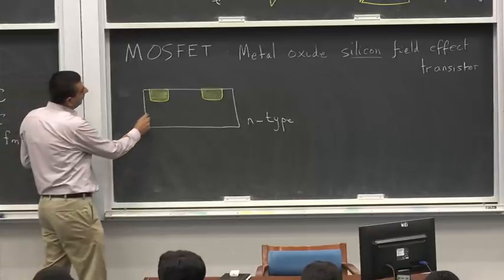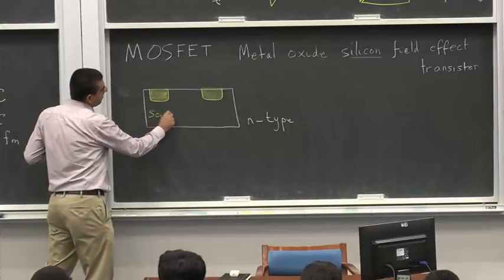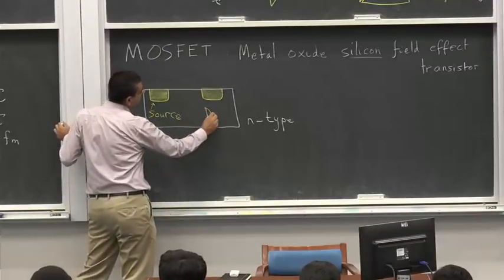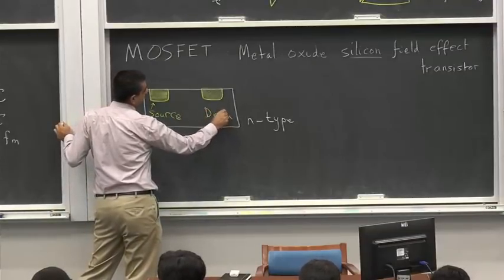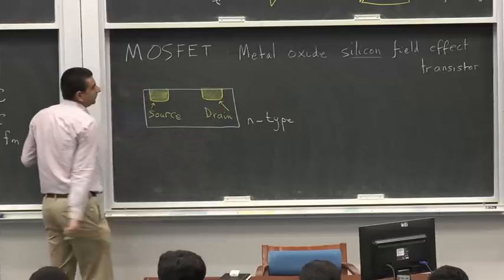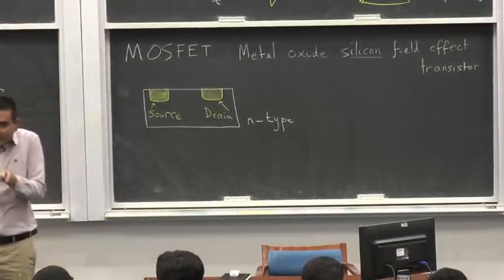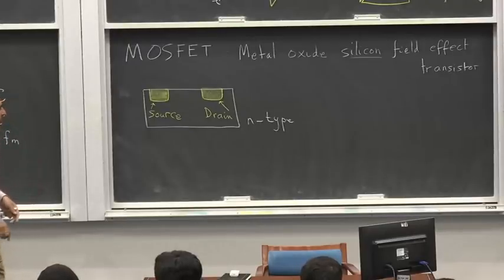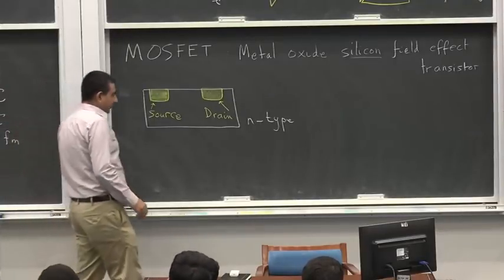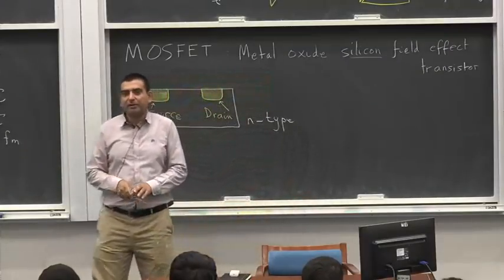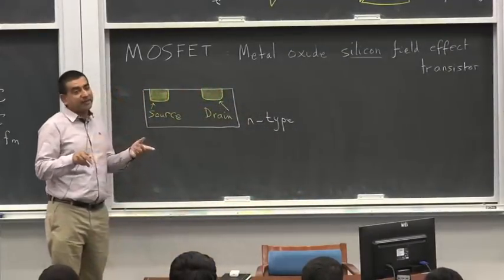One of these is called the source, and this is called the drain. So you have two metal regions, islands, grown inside a semiconductor. Now this semiconductor, of course, is going to have charge carriers, but very few of them as compared to the metal.